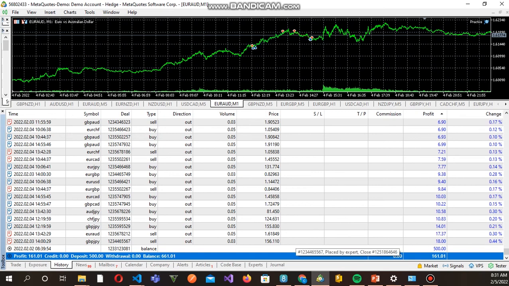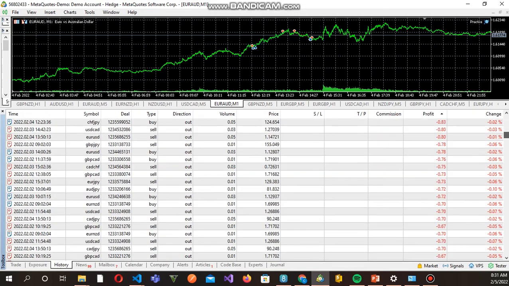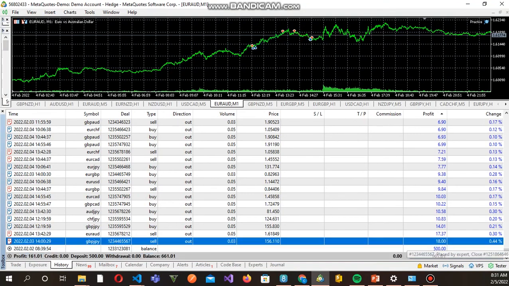As you can see, these were all the positive trades in that time, and these were all the negative trades. What matters with this system is that the positive trades exceed the negative trades, especially in value.